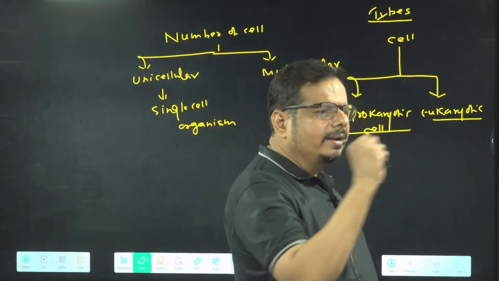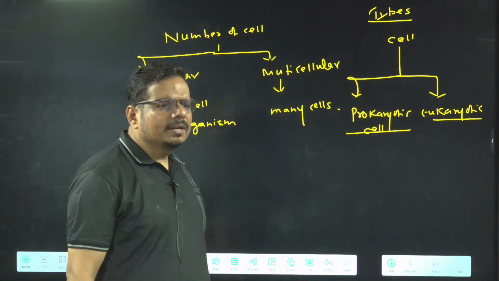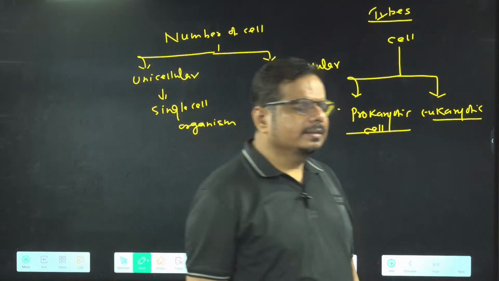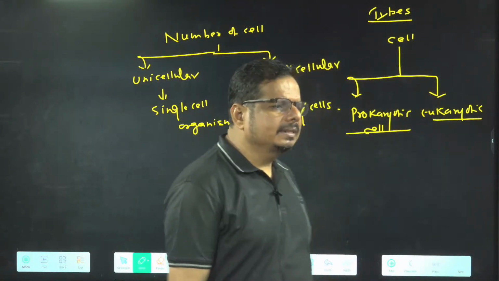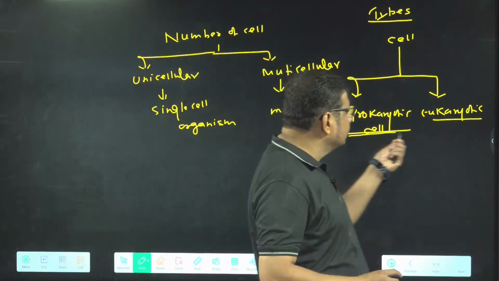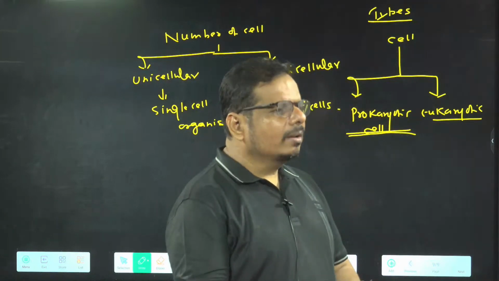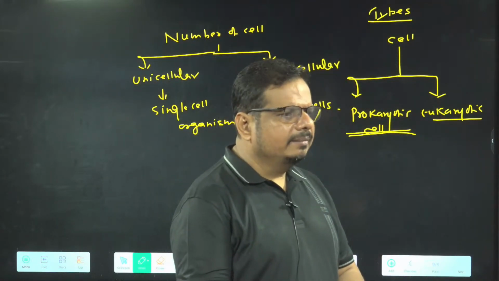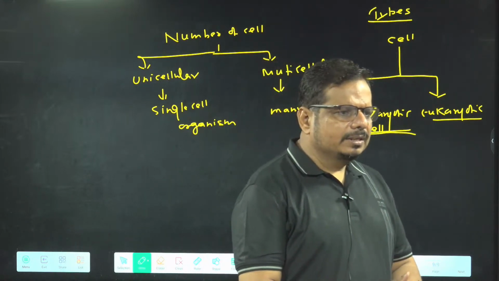Presence of a well-defined nucleus. When present, it is called true karyon, and when the well-defined nucleus is absent and a nucleoid, an incipient nucleus, is present, that cell is called which one? Prokaryotic cells. Getting the idea or not? We will talk about these things in much more detail in the coming classes.